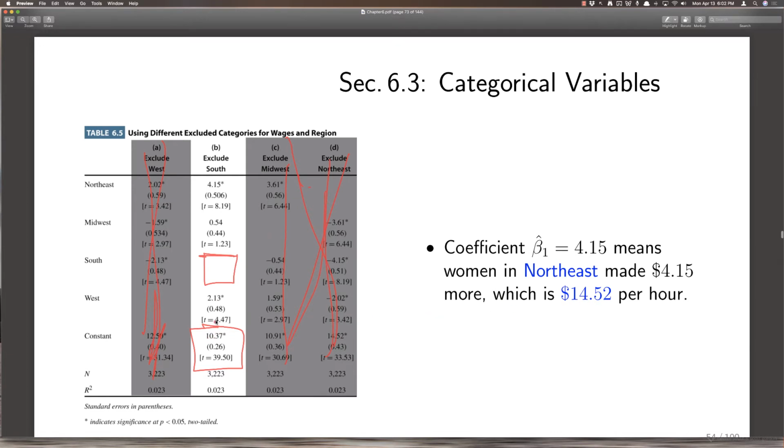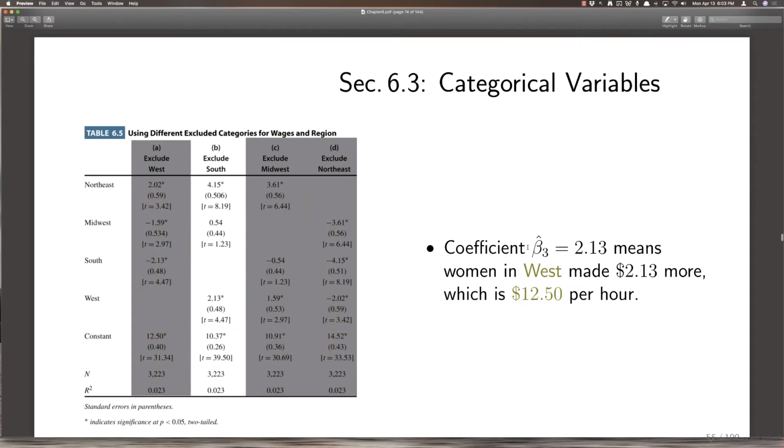I just add together beta 0 hat and beta 1 hat, and I get 14.52, which is the average for that group. Notice it's the same thing I got when I did it over here. I added the West average to the difference between the West and Northeast, and I got 14.52. All of these columns contain the same information. You just have to remember what the omitted group is and interpret the results accordingly.